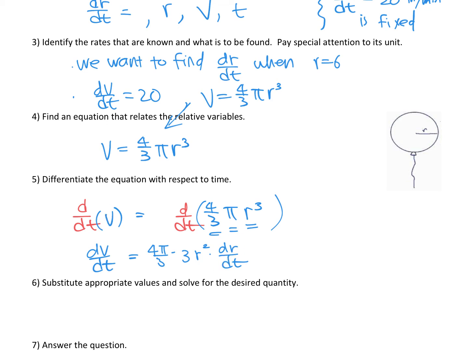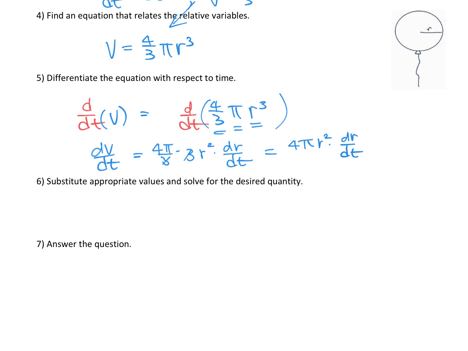Same here. All right, so let's see if I can simplify it. There's 3, there's 3. So 4 pi r squared times dr/dt. All right, so far, that's what I have. I want to solve for dr/dt, so I want to move this guy to the other side.